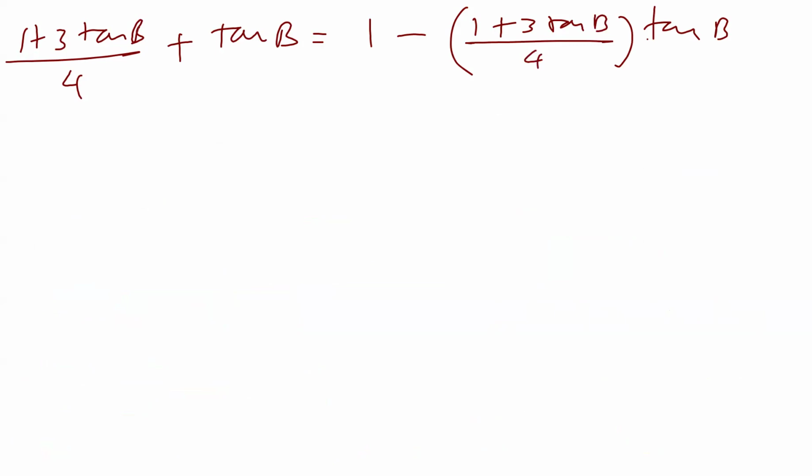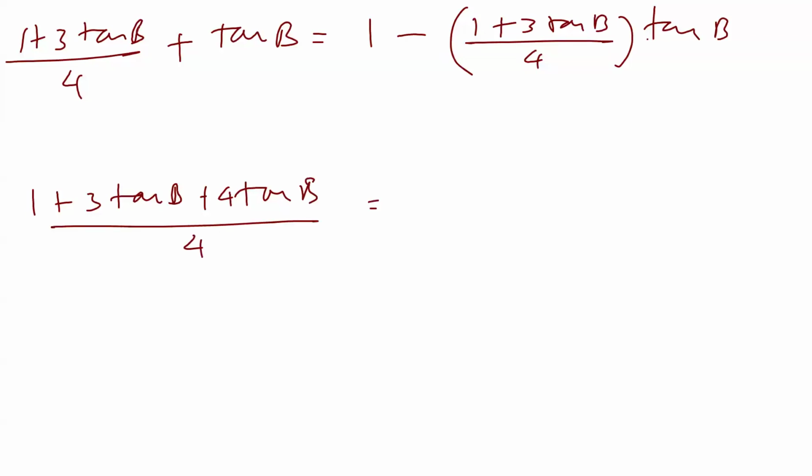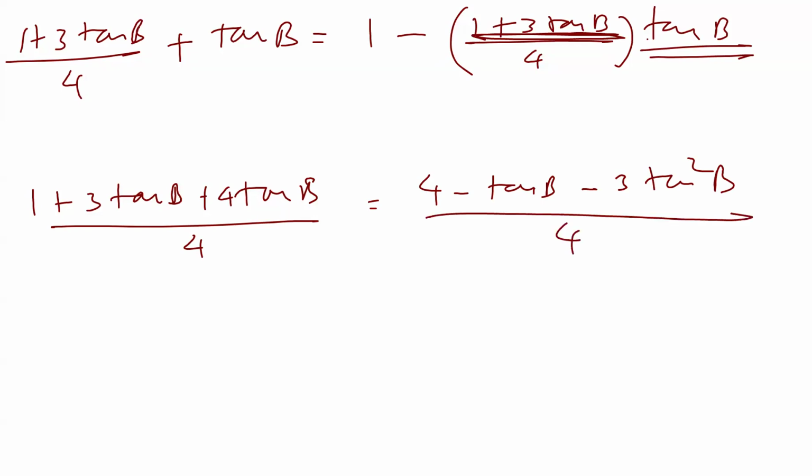Take LCM on both left hand side and right hand side. 1 plus 3 tan B plus 4 tan B upon 4 equals 4 minus tan B minus 3 tan B tan square B, because you're multiplying this with both the terms over here, and take the minus sign inside also, and this also will be 4.